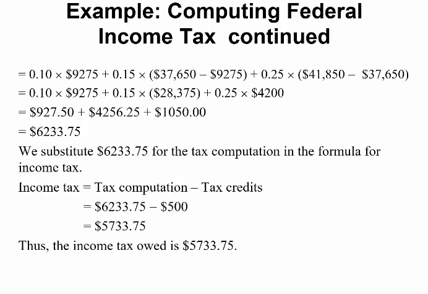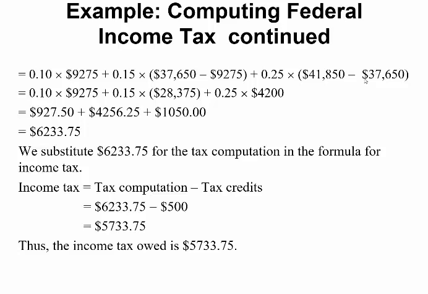This is how you would do it. She pays 10% of the first $9,000 she made. Now she has to pay 15% all the way up to $37,650. However, she already paid taxes on that $9,275, so we subtract that away. Then she needs to pay 25% up to her final salary right there.